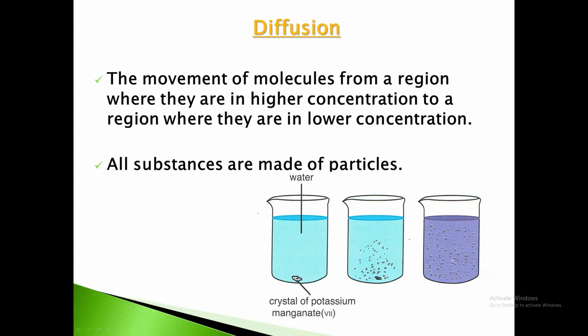Right, and the next term, region of lower concentration, that would be the region where there is a small amount or none at all of that substance. Now, looking at the jars below that contain the water and a type of crystal that is known as potassium manganate.